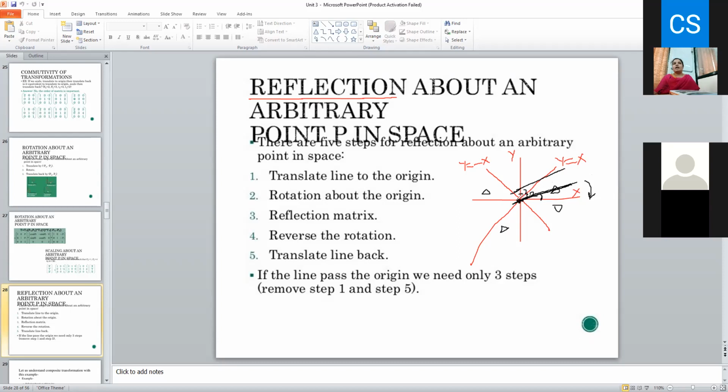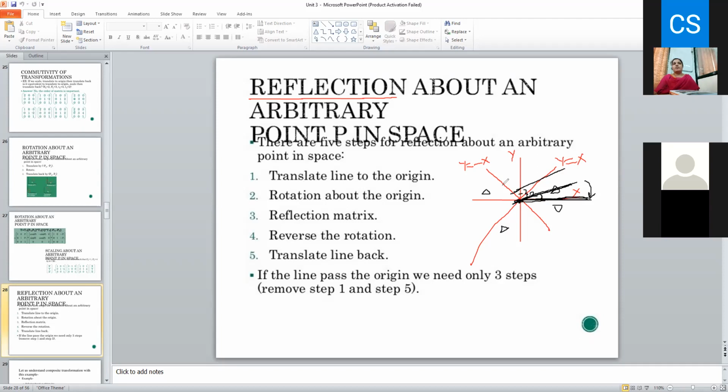Now the red line and black line are coinciding on each other. That is, this x-axis and the axis of reflection are lying on each other. They are coinciding. मग मला माहिती आता T matrix with respect to x-axis काय? I know the T matrix for reflection along the x-axis. So the next step is to carry out the reflection.